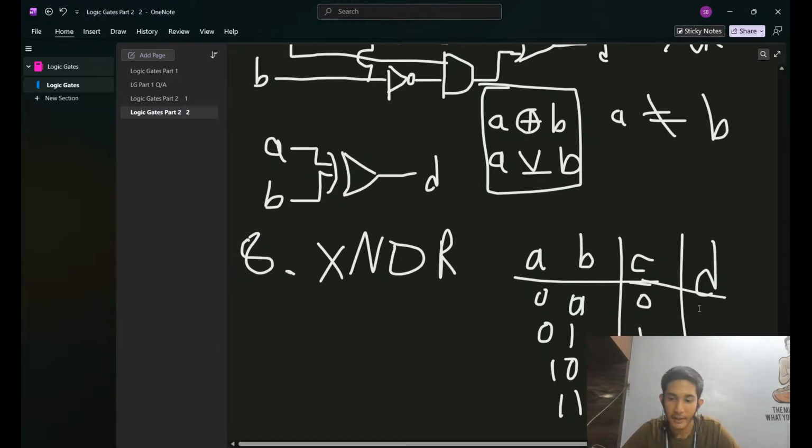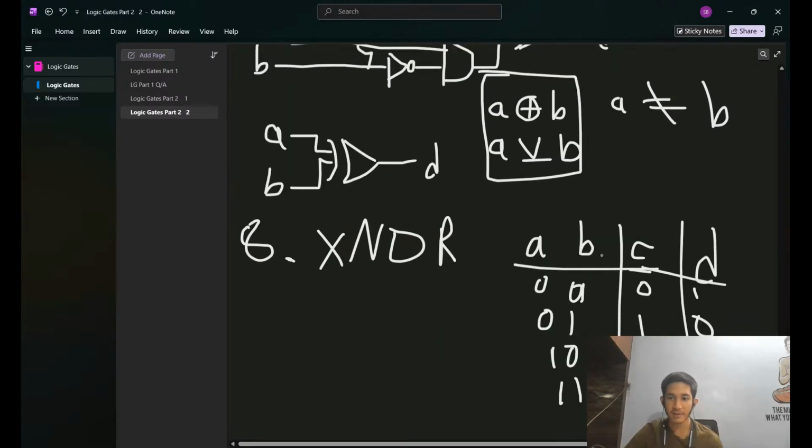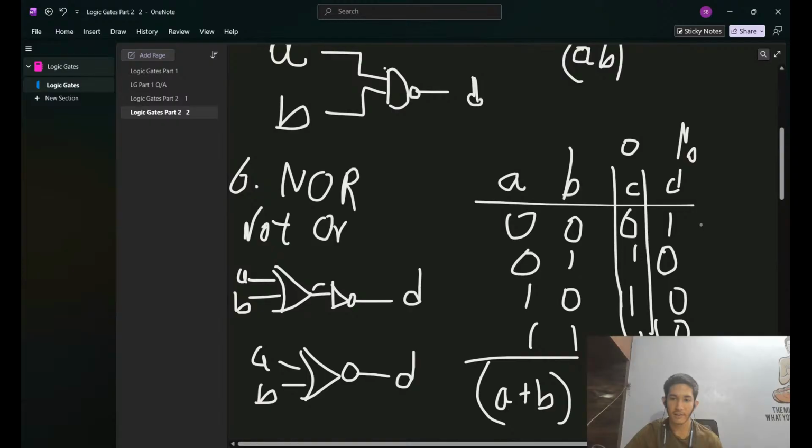XNOR will of course reverse everything that this has done, and so make all his hard work in vain. So it's 1 0 0 1. Now, do you notice how this is very similar to AND, right? So I'll get to that in a bit. It is similar to AND, but it's also similar to NOR, right? Let me just pull up NOR. It's actually more similar to NOR.